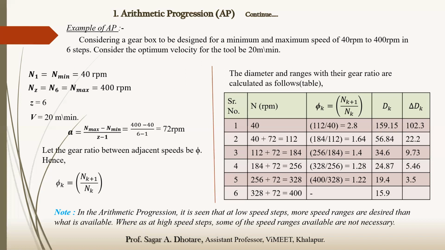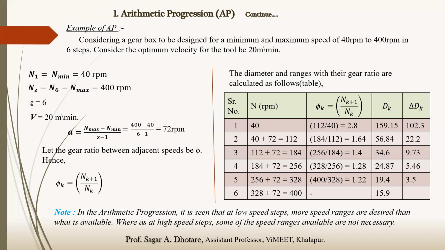In the third step, 112 plus 72 is 184. At that stage you can see the speed ratio for the second stage is 1.64, that is 184 divided by 112. In this manner you can calculate the speed ratios or transmission ratios for each stage, as well as the speed variation for each stage. The maximum speed we can achieve is 400.